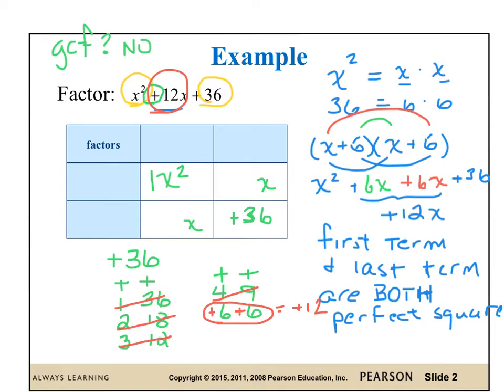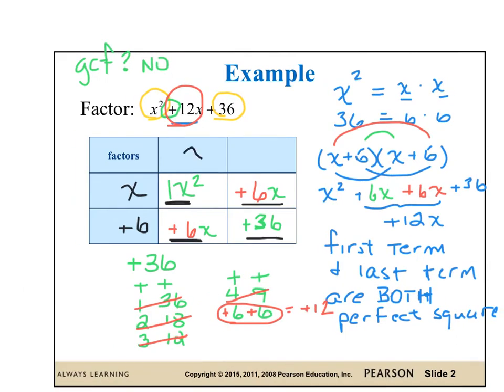And so we know that this is plus 6x plus 6x, and the greatest common factor across your first row is x. Greatest common factor across your second row is 6, and it is positive because they're both positive. And the greatest common factor in your first column is x. And in your second column, again, both of them are positive, so it's positive 6.